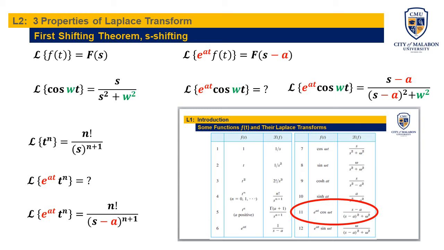So, papalitan lang natin yung ating s ng s minus a. Dahil nakita natin na meron tayong e to the at. Alright? So, ganyan lang siyang ina-apply yung ating s shifting. Okay? So, tatandaan lang natin, pag nakita natin yung e to the at or exponential function na na-multiply sa isang function, s shifting na yon agad.